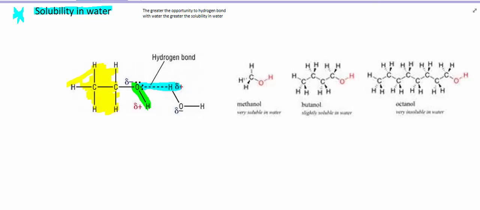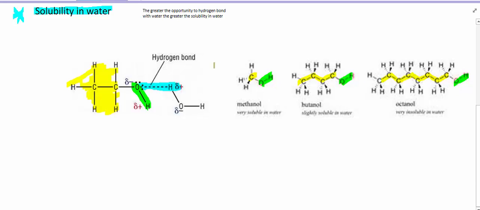So for example, if we were to compare a series of primary alcohols, each with one hydroxyl group, what we notice is that in each case, the non-polar hydrocarbon chain is getting longer. So they've all got one site for hydrogen bonding to occur with water molecules.